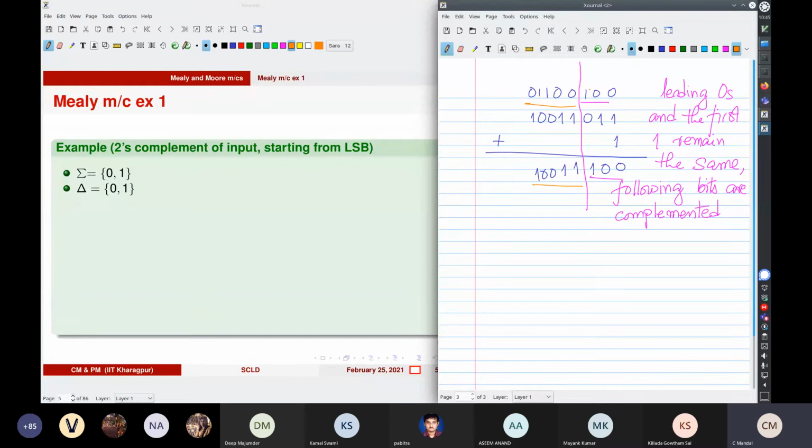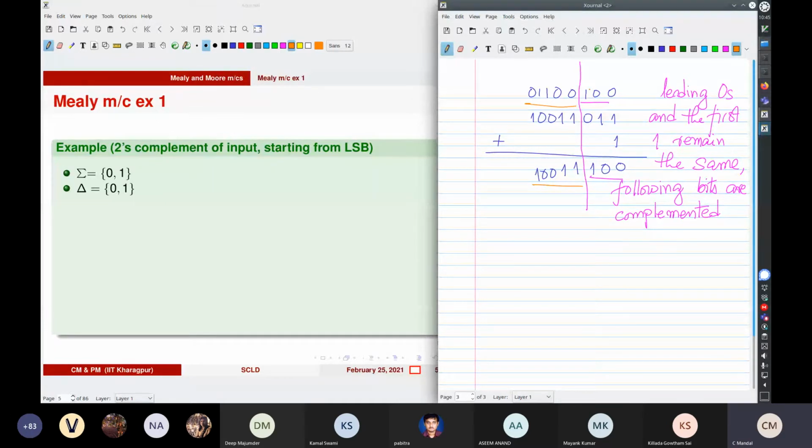So the input alphabet is 0, 1. The output alphabet is also 0, 1, as you can see. How many states should you have, first of all? How many states should this machine have?